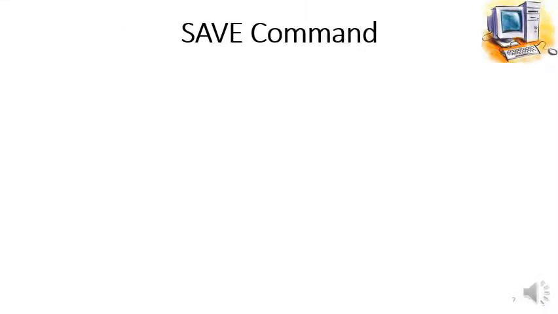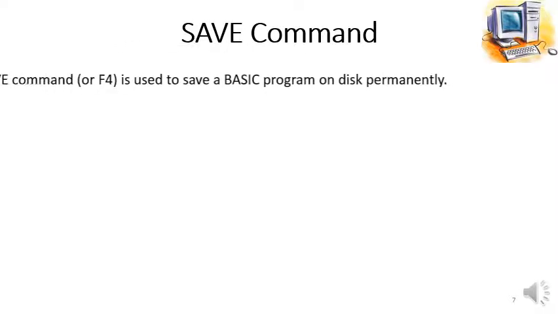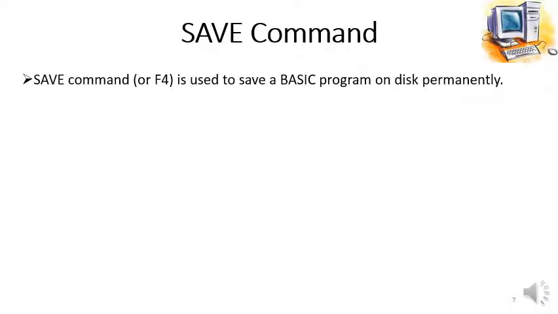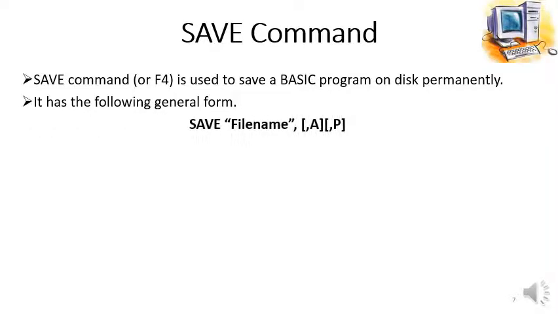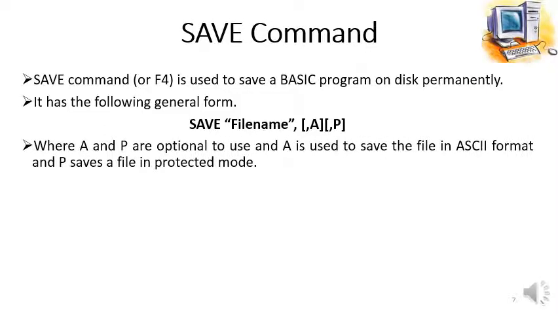And finally we have the save command. Save command or F4 is used to save a basic program on disk permanently. It has the following general form. Save, then file name, and then we will specify A and P, where A and P are optional to use.